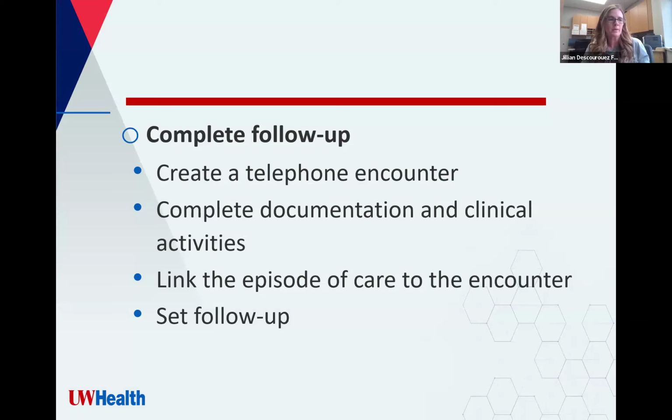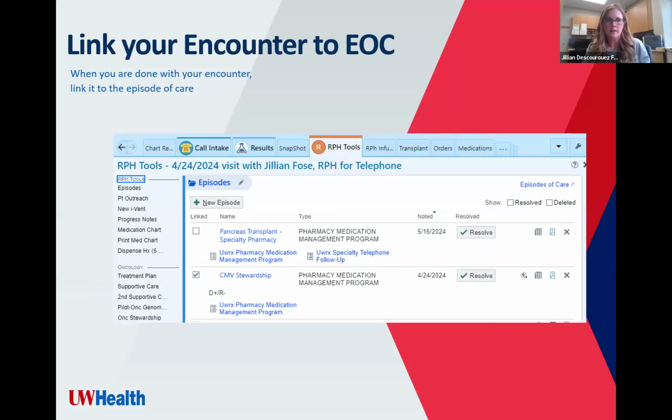So basically we open up the patient's chart, we create a telephone encounter, and we document whatever it is that we're documenting, either for their anemia care or for their CMV care. And then there's a button that you can link to the episode of care encounter and set your follow-up. So within the RPH tools that we have in the ambulatory setting, that's how we link our document, our encounter, to the episode that we want to link it to.